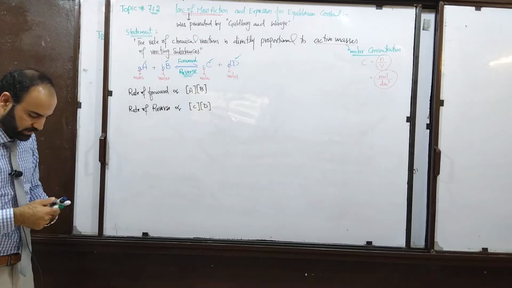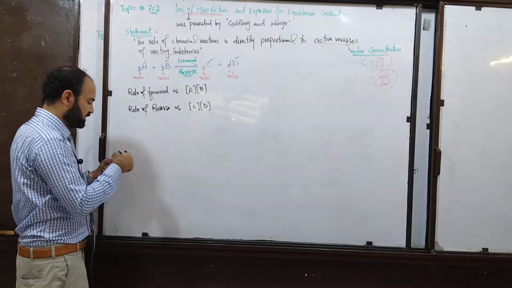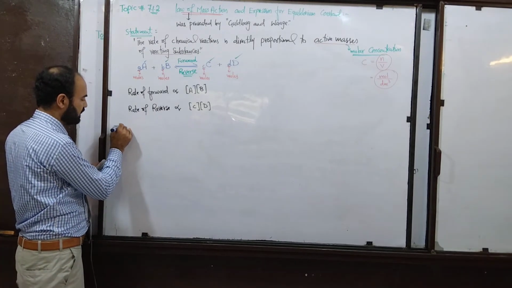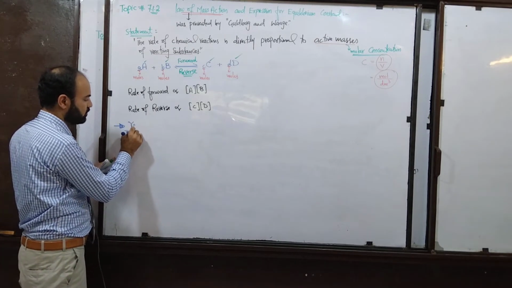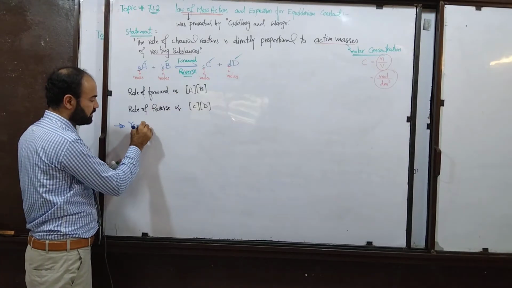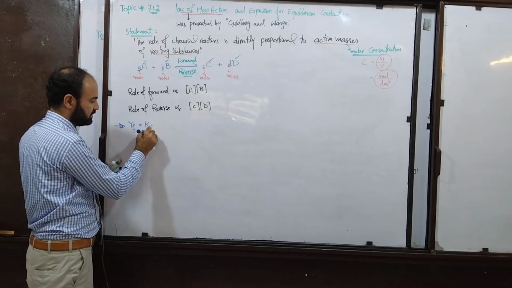Okay, so look here. Now the rate of forward reaction becomes equal to like that. The second one: the rate of forward reaction becomes equal to, skipping the proportionality, we have to add a constant here.